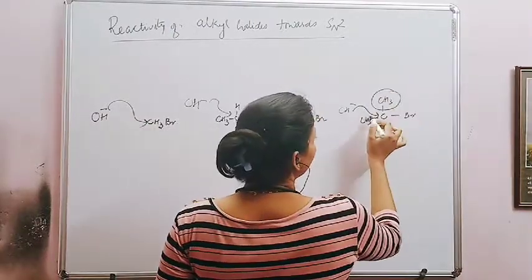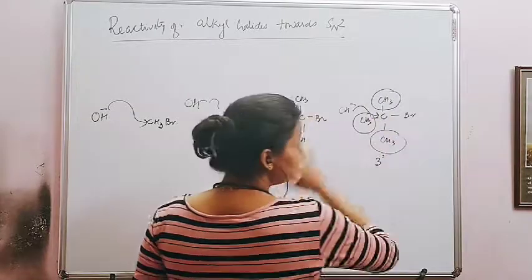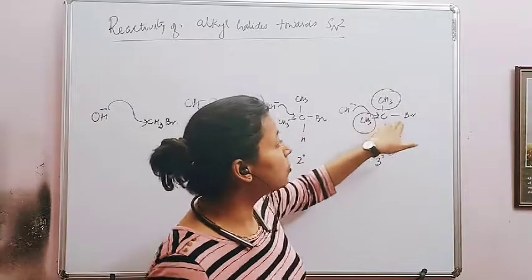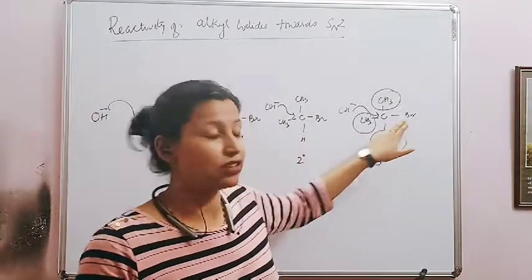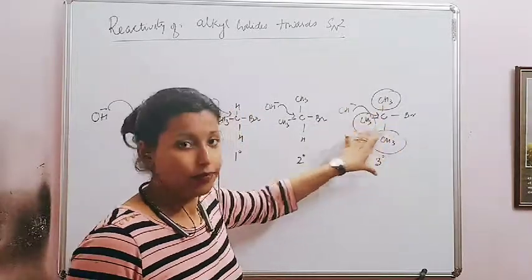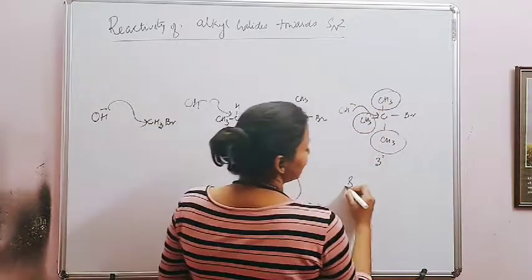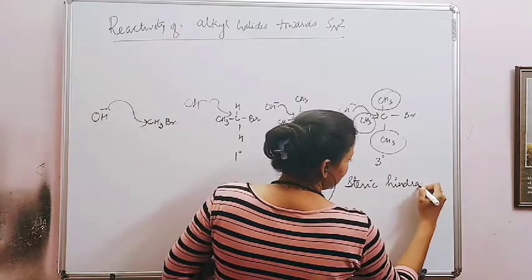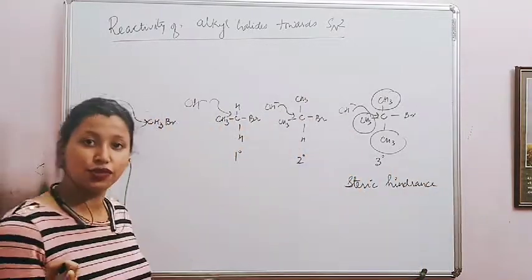These methyl groups are causing crowding and not allowing the nucleophile to approach the carbon to which the halogen is attached. This crowding is known as steric hindrance.